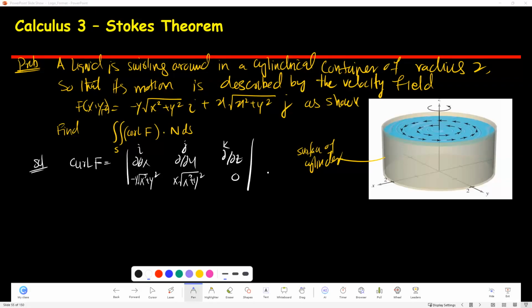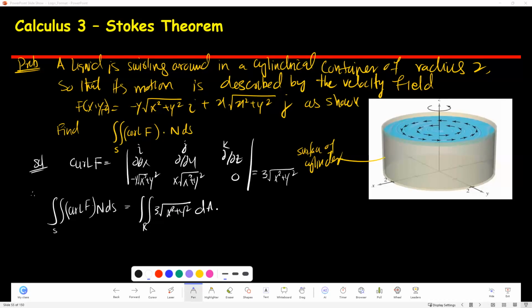And if I take this one, the answer would be 3. Right, so I'm going to write the curl of F dot dS equals, like this, 3 dA.